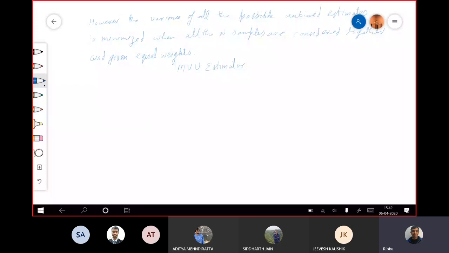But the problem is that there exists no standard recipe for finding the minimum variance unbiased estimate.